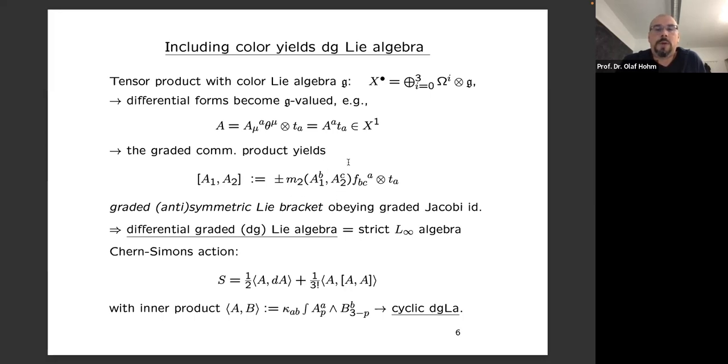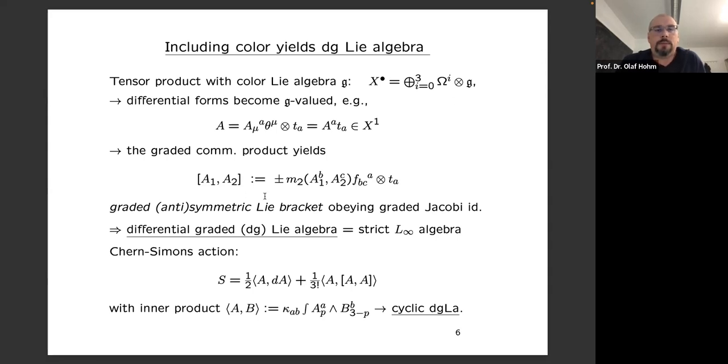I can plug this into M2, meaning just the wedge product of forms. Then, of course, I have two free color indices, which I don't have on the left-hand side. So I can use the structure constants to contract them, f_BC^A, and then I have a free A index that I contract with the T_A. So in that sense, I produce now an output that lives in the total space of G-valued differential forms.